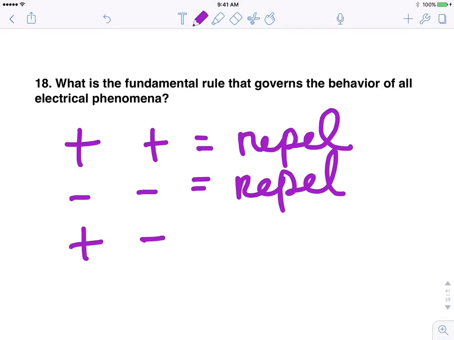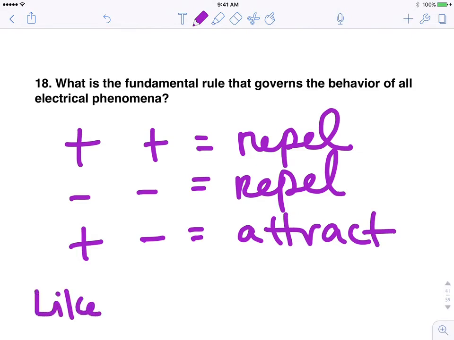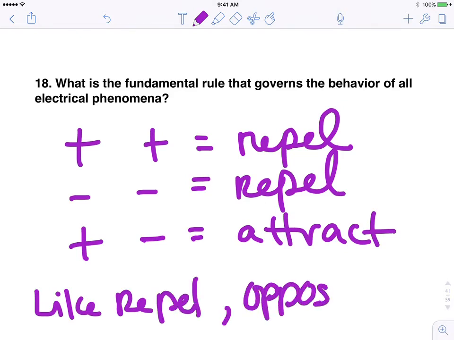But opposites will attract. Now, how do I say this? Likes repel, opposites attract. Sorry, I ran out of space there. All right, that's the fundamental rule.